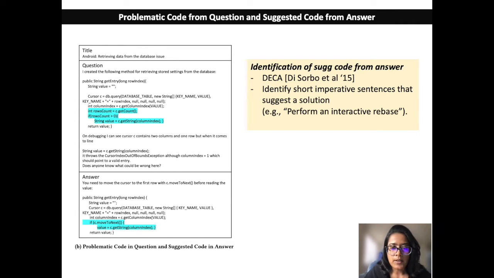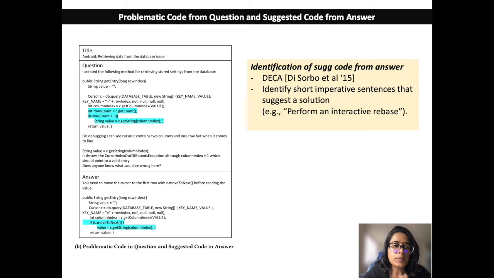First, we start by applying an existing tool called DECA, which was proposed by DeSorbo et al., to identify the instances of suggested code from the answer. DECA was able to identify some of the positive instances in our data set, but not all.